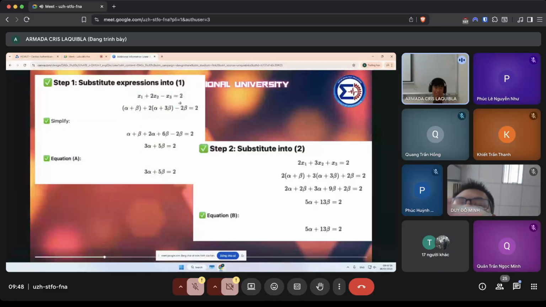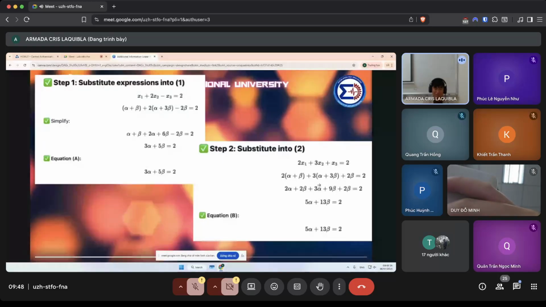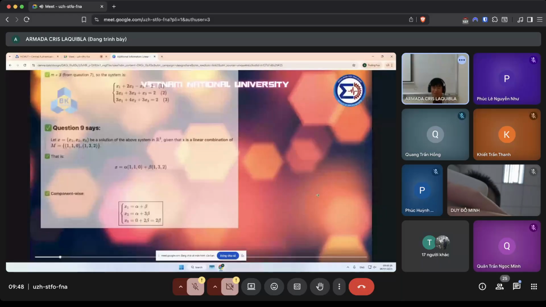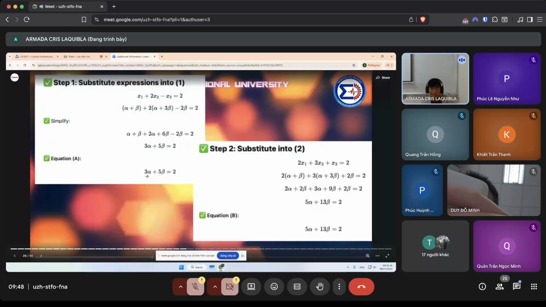For 1, you can get 3 alpha plus 5 beta is equal to 2. For equation 2, if you substitute these following values, we have 5 alpha plus 13 beta is equal to 2. Now, class, you can use your calculators again to solve this directly. You can use alpha there as x, and your beta here, you replace that with y.